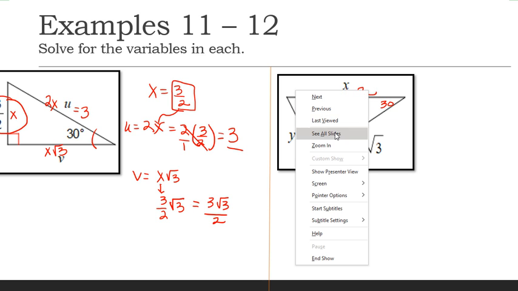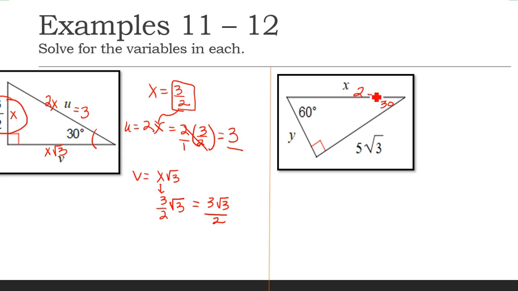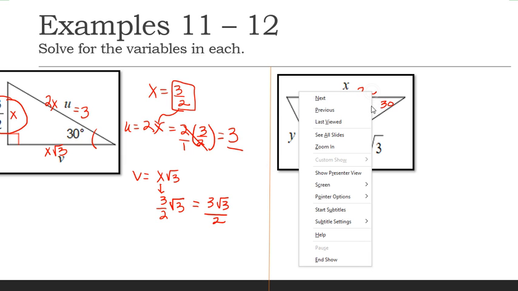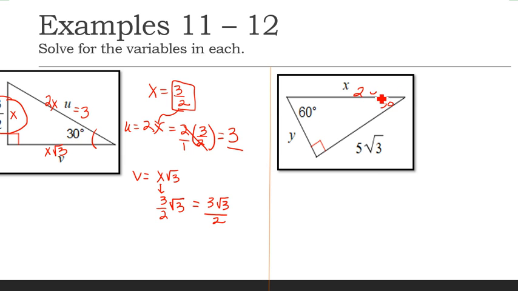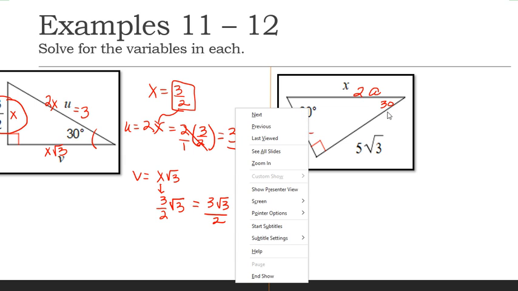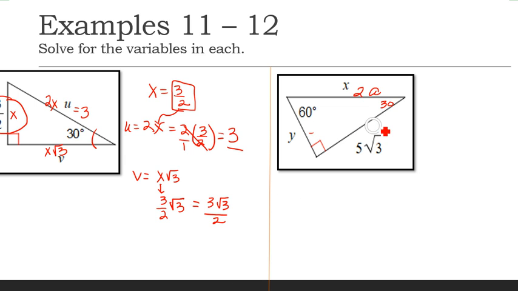So I have 2a, and the side by the 30 is a root 3. And this side was a. Okay, frustrations. There we go, a, 2a, a root 3.